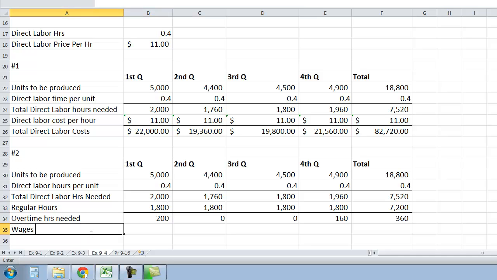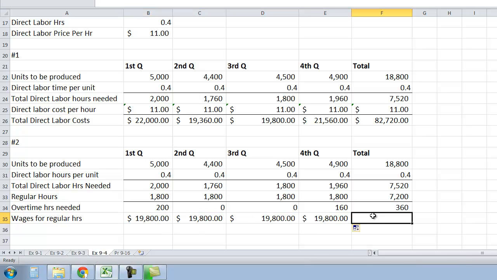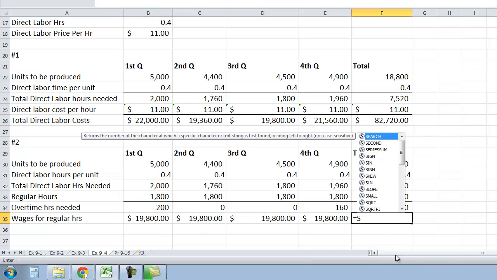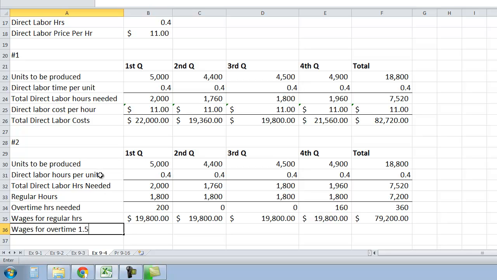So then we calculate wages for regular hours. This equals $11, and I'm going to hit F4, times the 1,800 regular hours. And every month has 1,800 regular hours. And I'm going to just add this across. Now we calculate wages for overtime, 1.5.